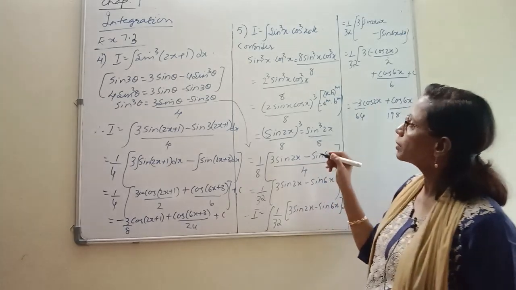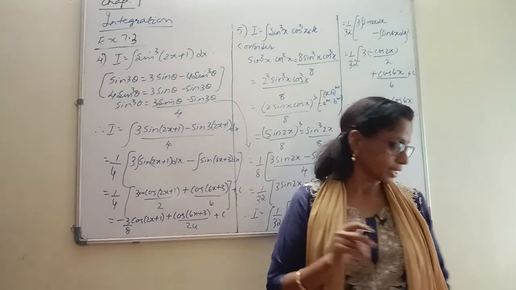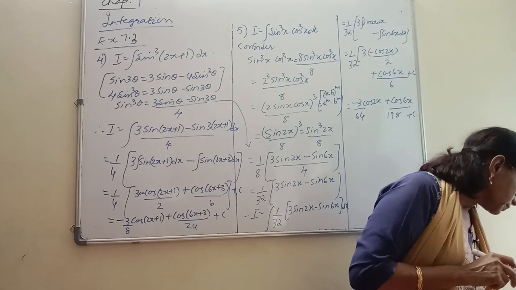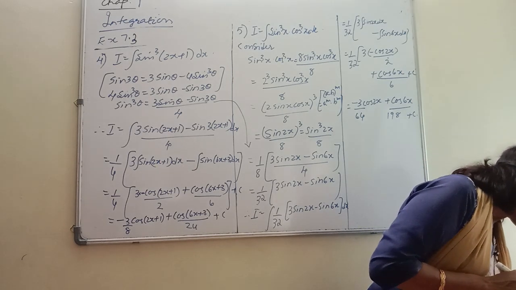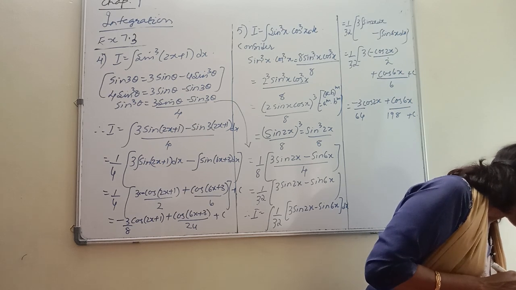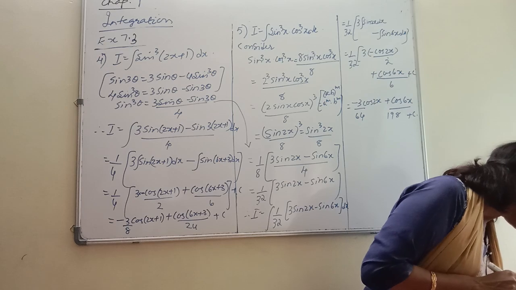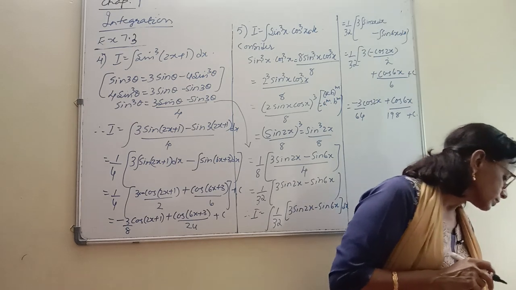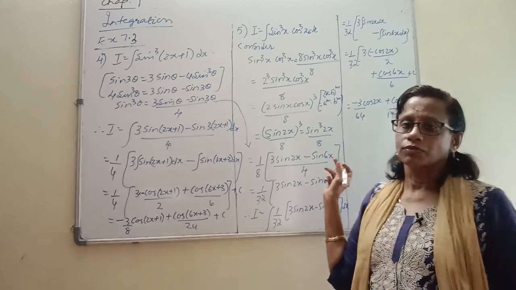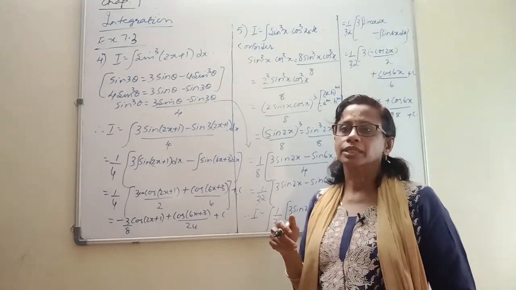So that's problem number 5, where we get the integral like this: minus 3 over 64 cos 2x plus cos 6x over 192 plus c. That's all for this video. With more problems, let's meet in the next video.